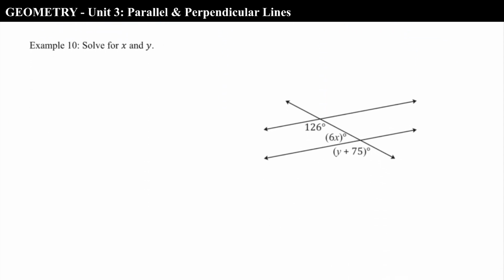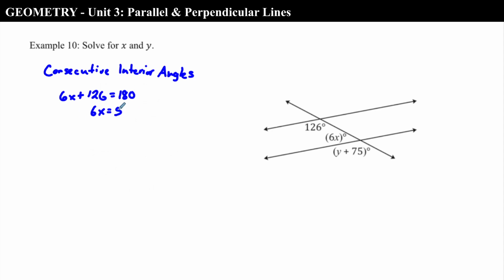For the last example, let's find x first. Okay, we have consecutive interior angles. So because we have consecutive interior angles, we can set the sum of those two angles equal to 180 degrees. You subtract the 126 from each side, you get 6x equals 54, and divide by 6, and you get x equals 9.